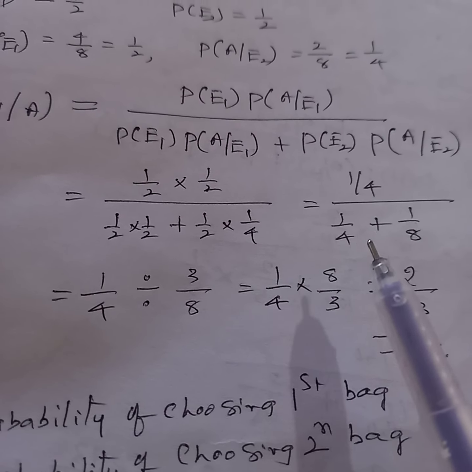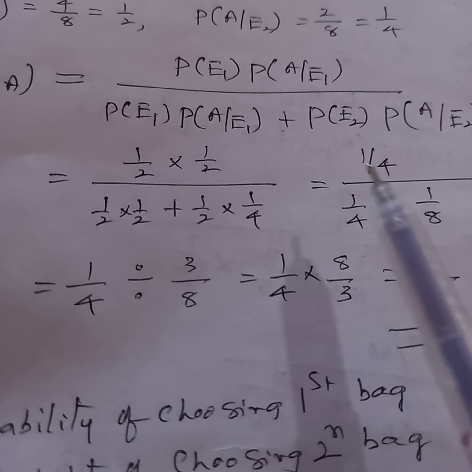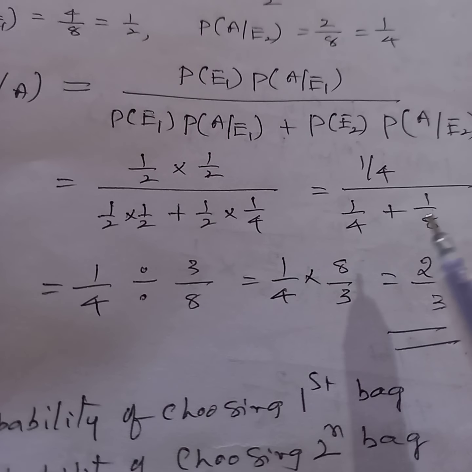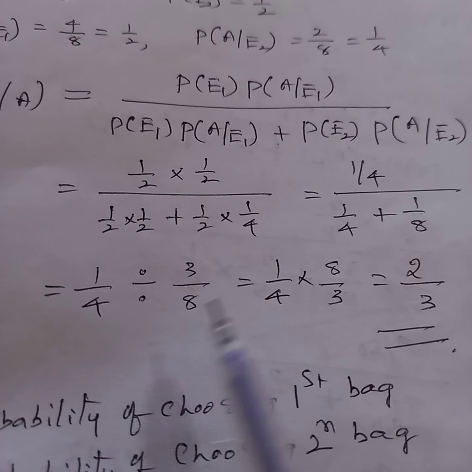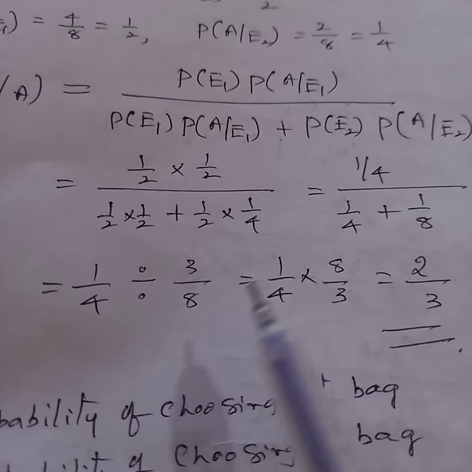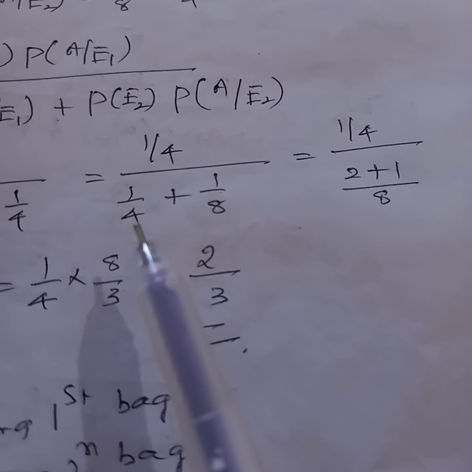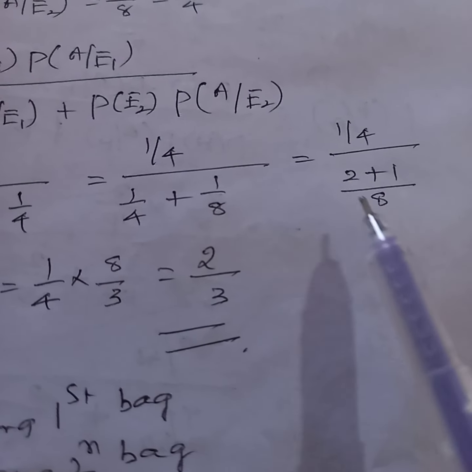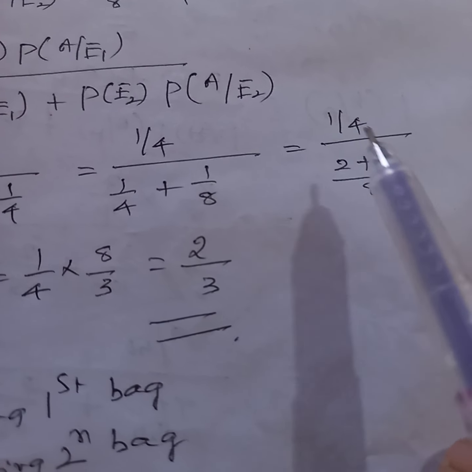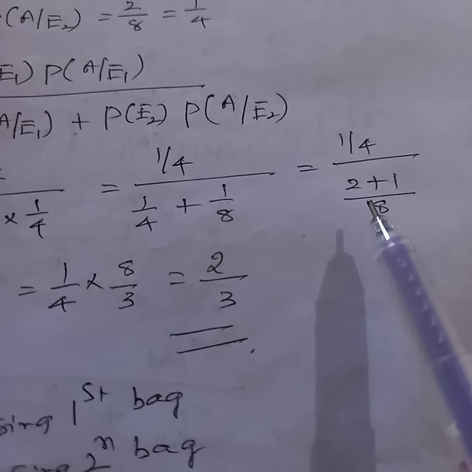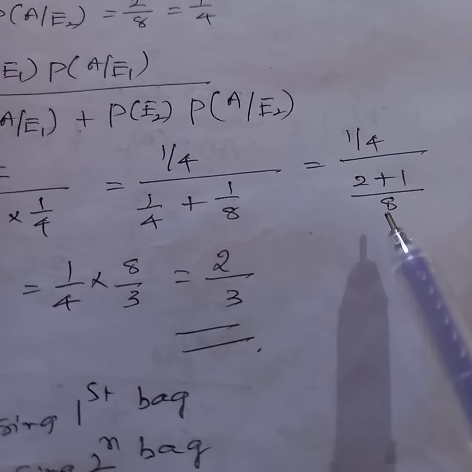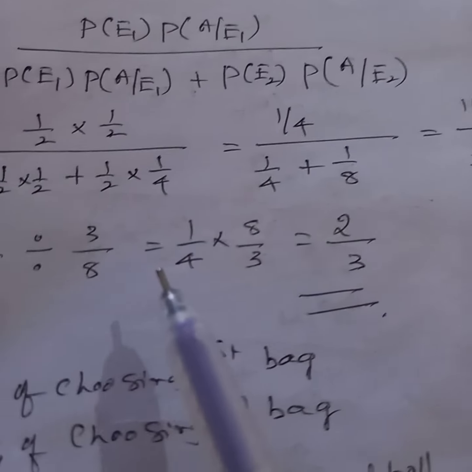So 1 by 4 divided by this thing, how much does it come to? We can find it out. 1 by 4 plus 1 by 8 comes to 3 by 8: 1 by 4 is as it is, and then 2 plus 1, 3 by 8 we get here.